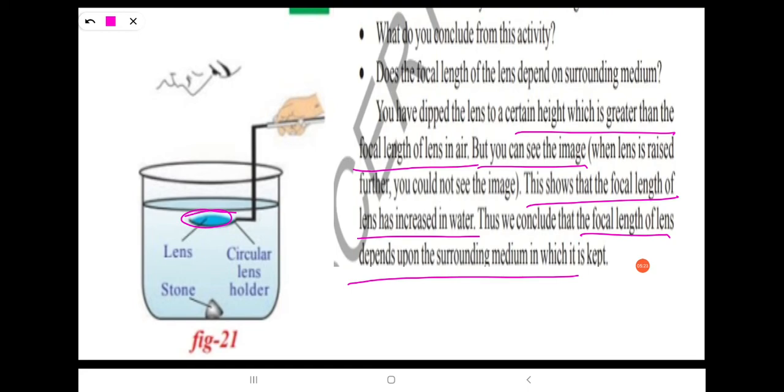Yes, so here if the distance between the lens and stone is increased further, we cannot see the image. So from this we can say that the focal length of a lens depends upon the surrounding medium in which it is kept.